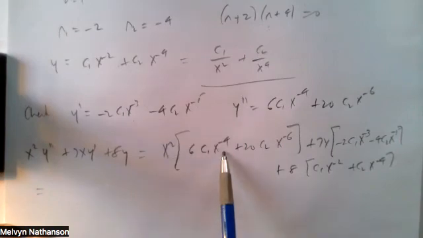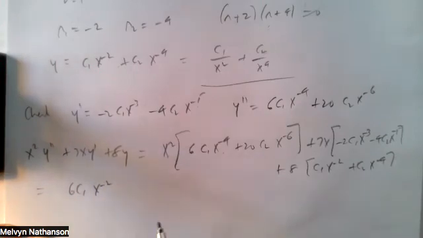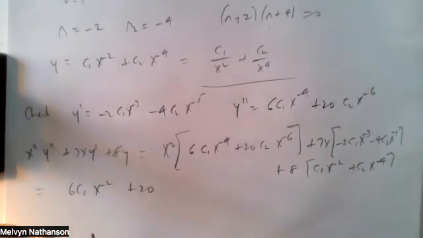So what is all this? X squared times x to the -4, that's 6 C1 x to the -2. X squared times x to the -6, that's 20 C2 x to the -4.